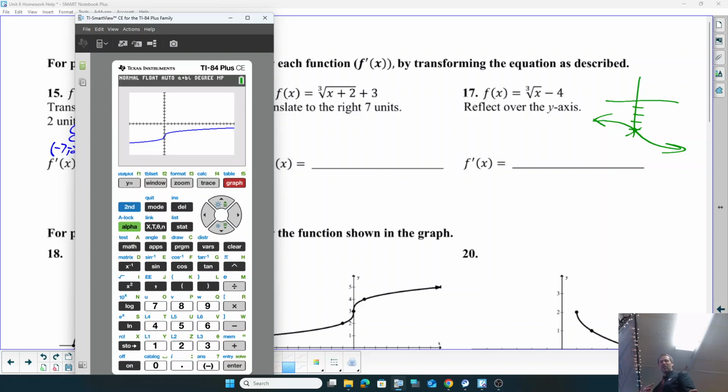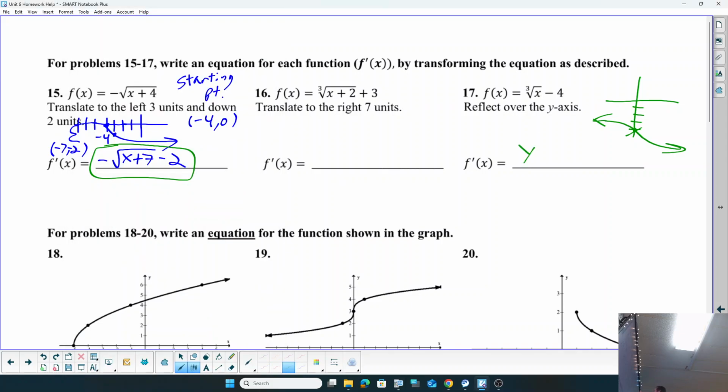We want to reflect it over the y-axis, so I think we're just going to shove a negative in there. Let's take a look. Insert a negative. Yeah, we did it. So that's going to be y equals the cube root of x minus 4, but then we got to go ahead and stick a negative in there. Nice.